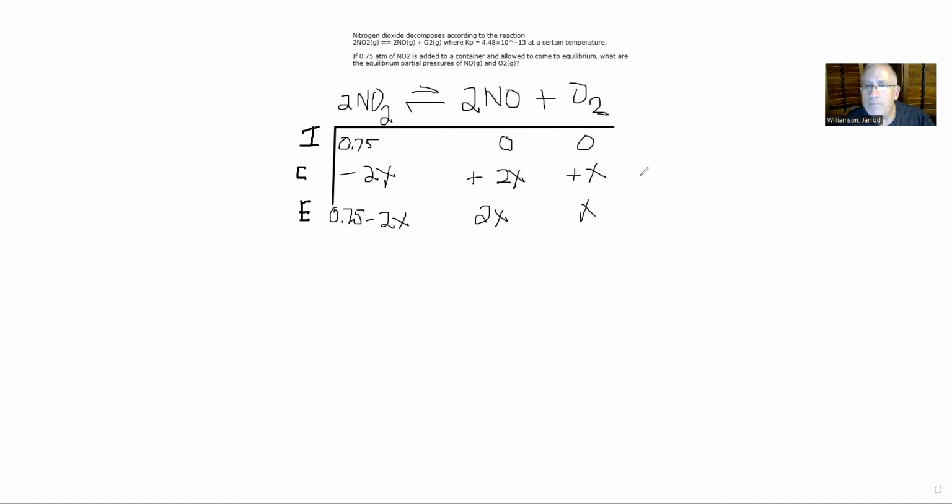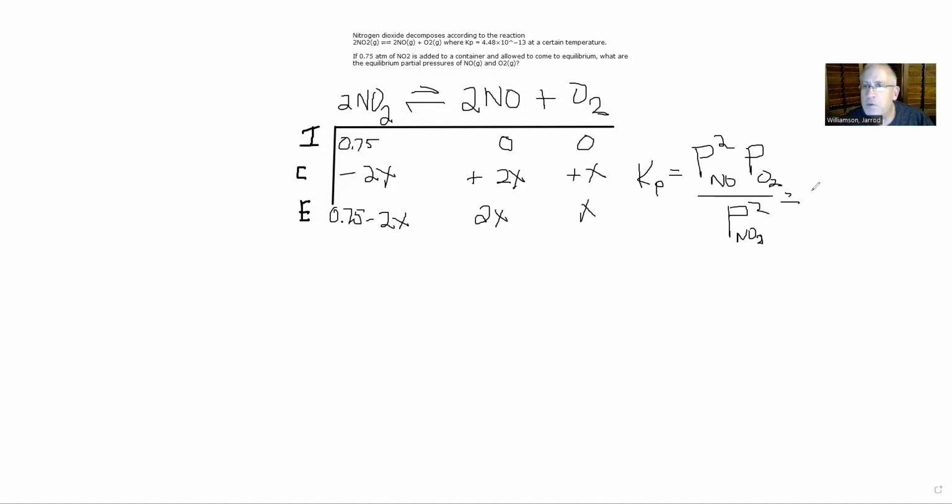At equilibrium, Kp will be equal to the pressure of NO squared times the pressure of O2 divided by the pressure of NO2 squared.